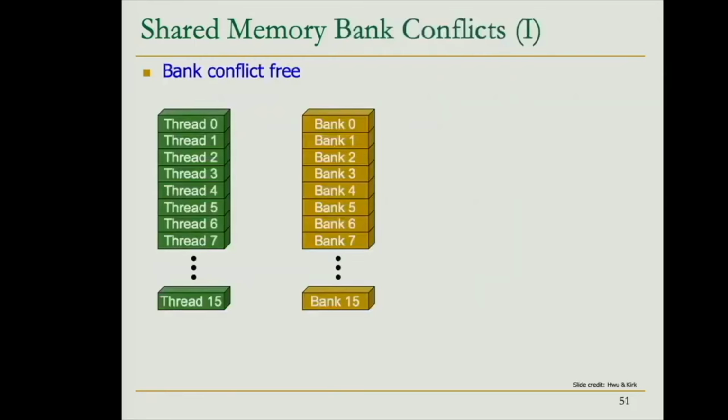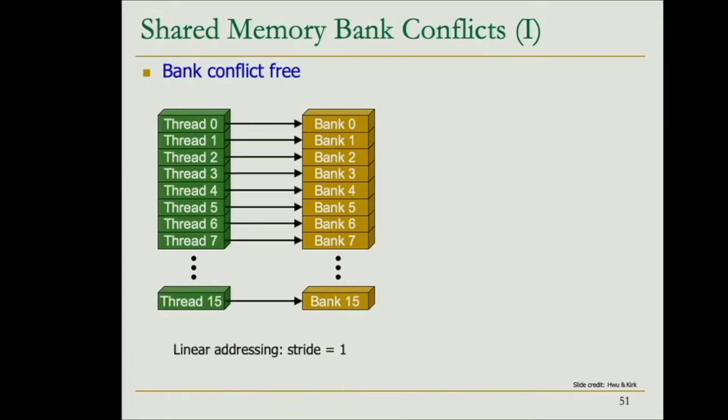Some example patterns. Bank conflict 3. In this particular case, we have 16 threads and 16 banks. If our stride is 1, we have linear addressing, then no bank conflicts.